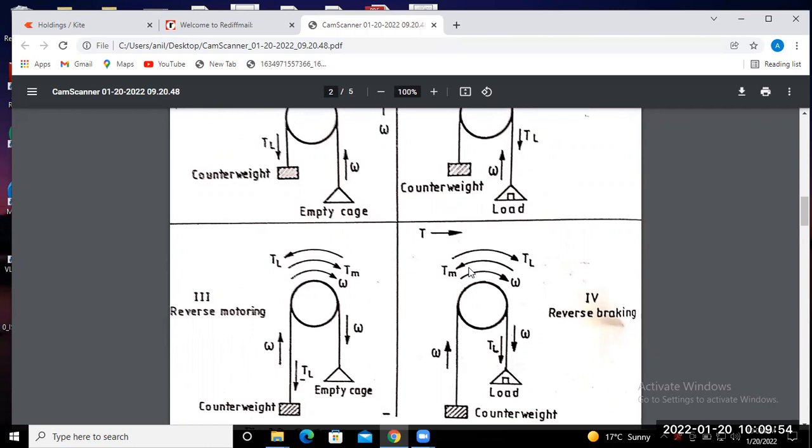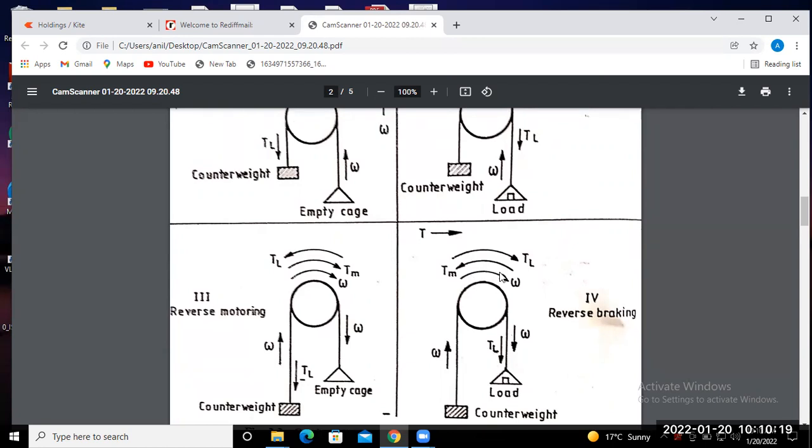So here you will find that electromagnetic torque and speed are in opposite directions. That means motion is in one direction, but the electromagnetic torque acts in another direction. So we can say that we are applying braking on the motor, in reverse braking mode. This is known as the reverse braking mode.